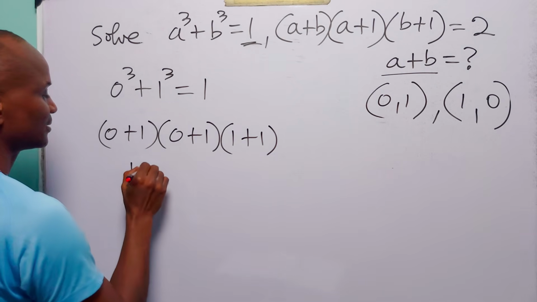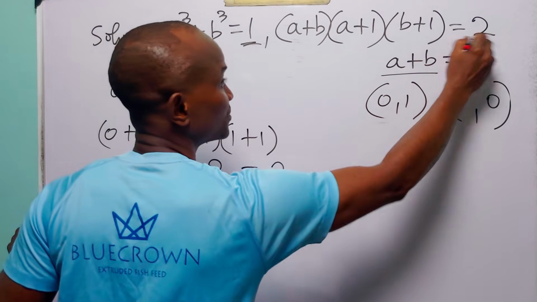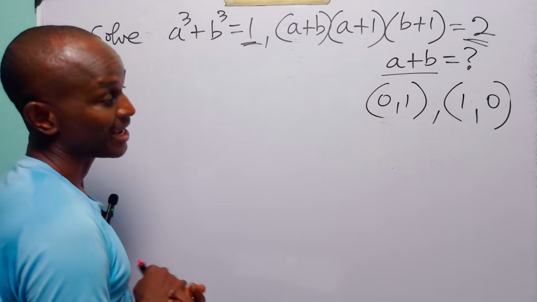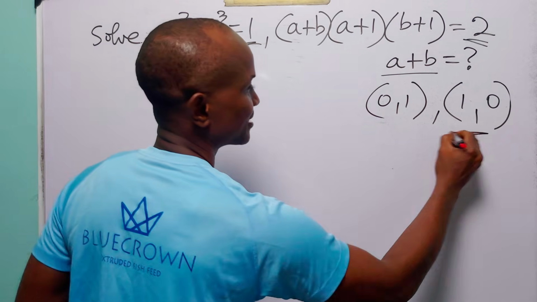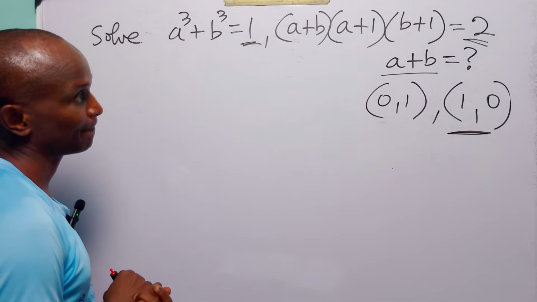This is 1 times 1 times 2, which is equal to 2, which is exactly what we have on the right-hand side. And of course, when we check the second point, we get exactly the same results.